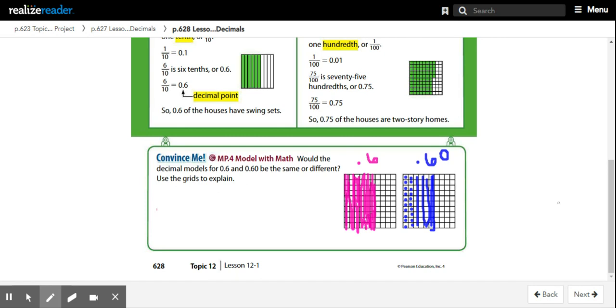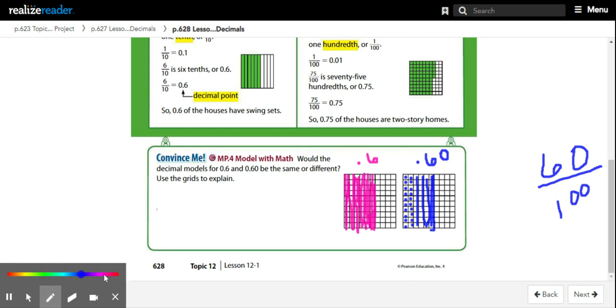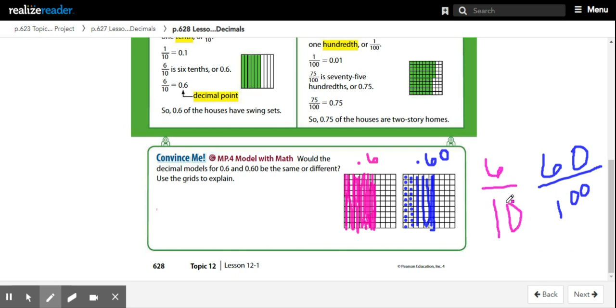Are these two grids the same? Have I colored in the same amount? Yes, I have. Hopefully you're giving me your me too signals. We can tell that 60 100ths are the same as 6/10 because they are equivalent fractions.